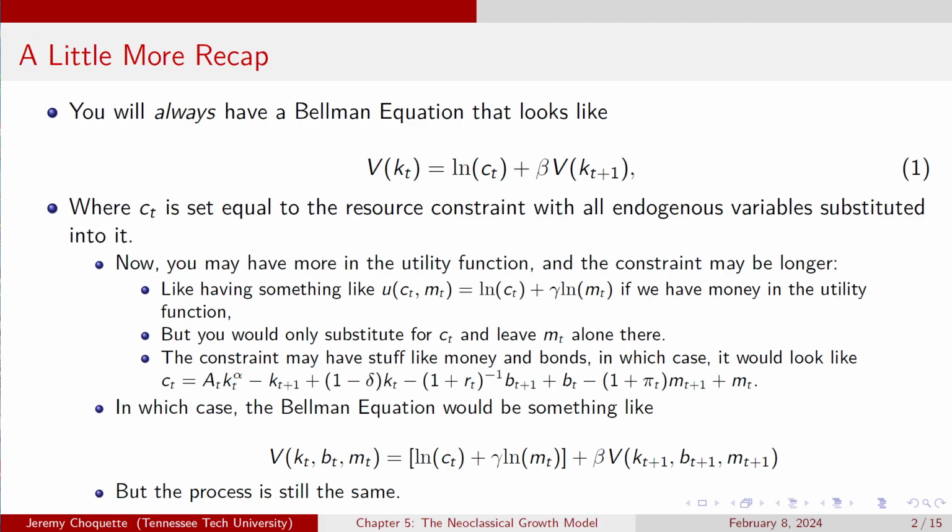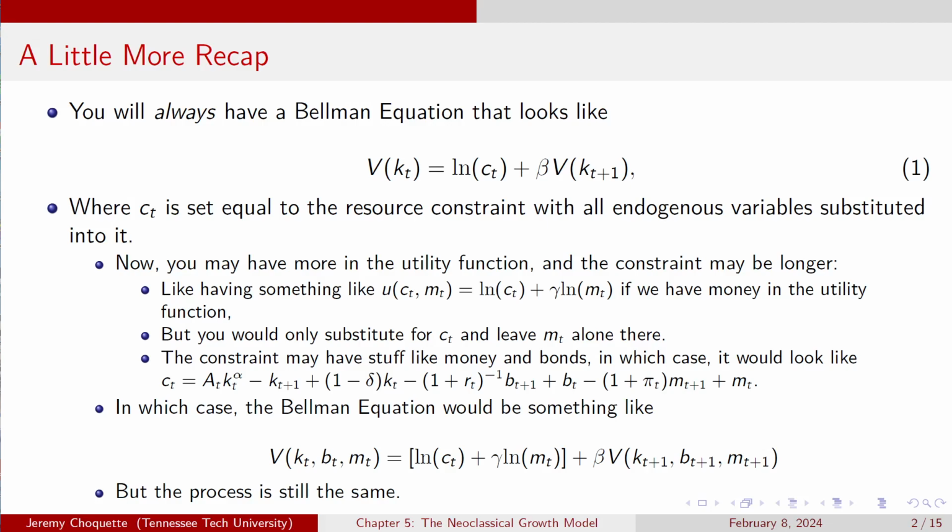And if you had a constraint, say with money and bond holdings, it would look like c_t equals A_t times k_t to the alpha, which is production, right? Minus k_{t+1} plus (1 minus delta) k_t, that's investment, minus (1 plus the real interest rate) to the negative 1 times b_{t+1} plus b_t. That is the flow of bonds over time, and it is discounted for the future.